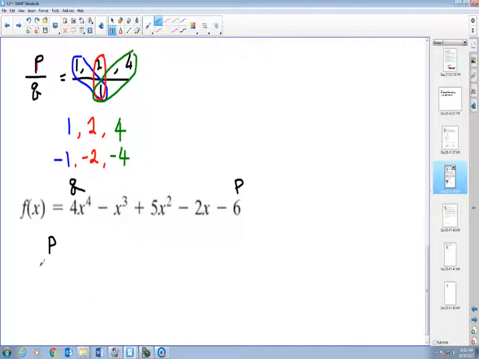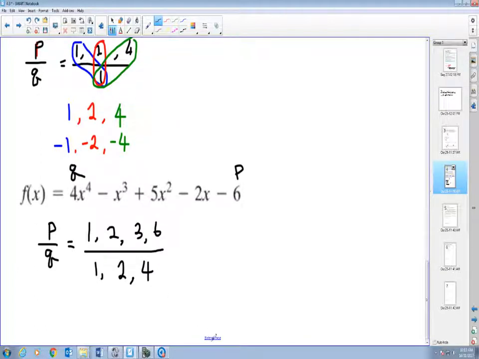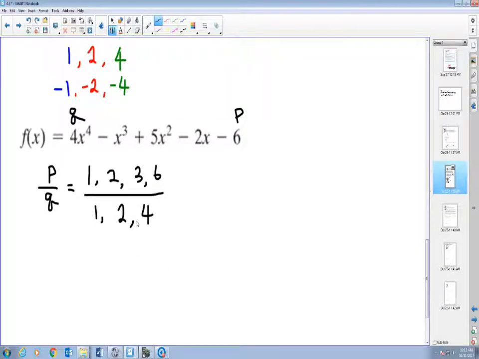So when we write out the P over Q, the factors of my P, 1 times 6 and 2 times 3, over Q, factors of Q, 1 times 4 and 2 times 2. So let's try this. This can be a little bit messy. I'm not going to try to color code too much right here.